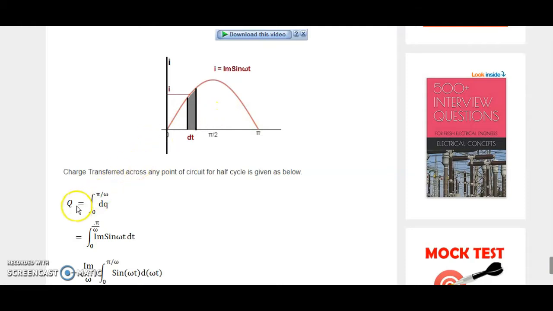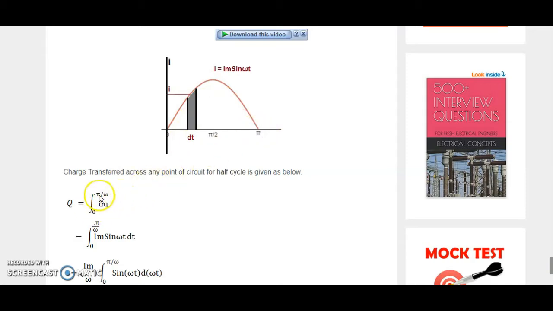We know that Q is given by the integral from 0 to π/ω of dq. This is a formula which you already learned in earlier classes, and the limits are 0 to π/ω. Now ω is the speed, or radial speed in radians, of this particular sinusoidal waveform.